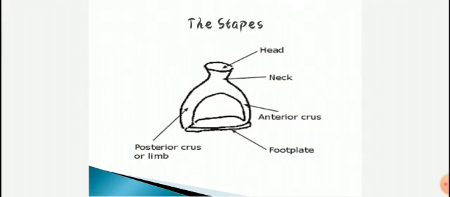The stapes is a very small structure which has a head, neck, anterior crus, posterior crus, and footplate. The footplate sits in the oval window. It vibrates and transmits sound to the inner ear.